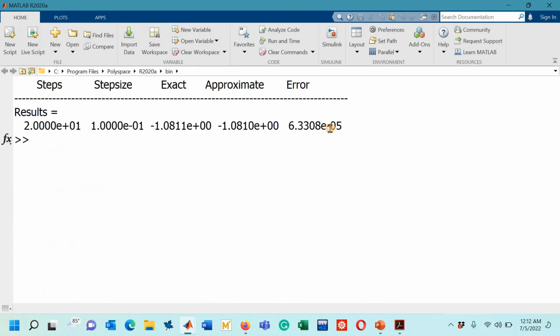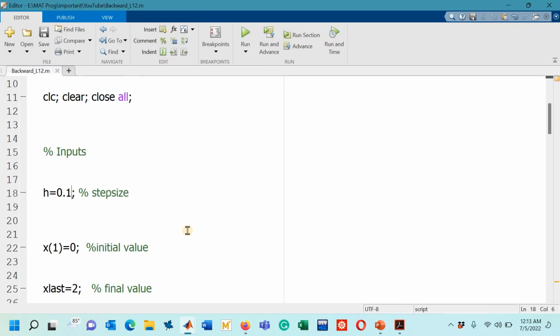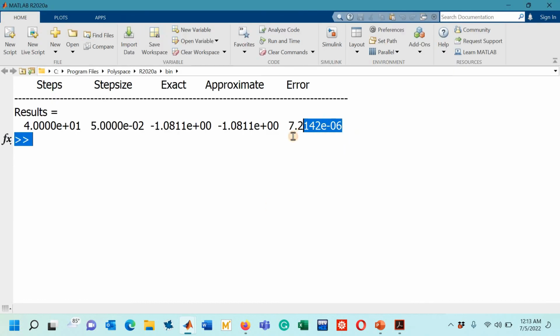This was the error, and I'm going to note it down and call it E1. Then I run the script again with half of the step size, and I take this error as well and call it E2. Now according to the formula, log base 2 of E1 divided by E2.